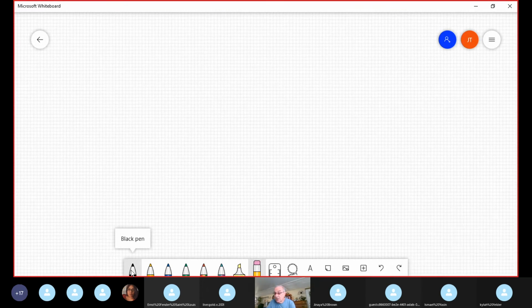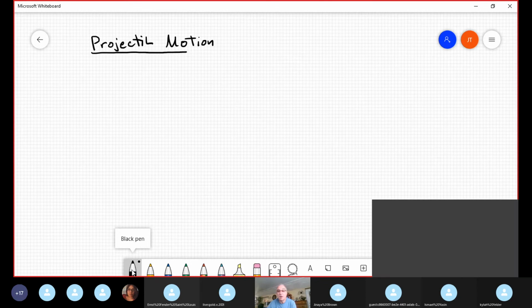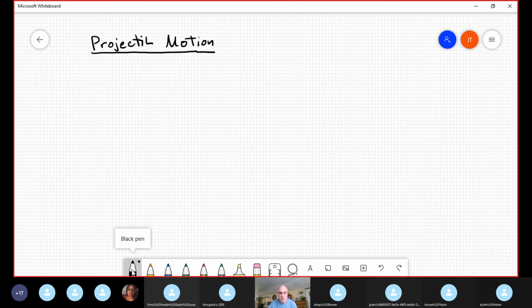So, you talk about projectile motion. Okay, projectile motion is famous. Suppose we have here one building. This is a building.